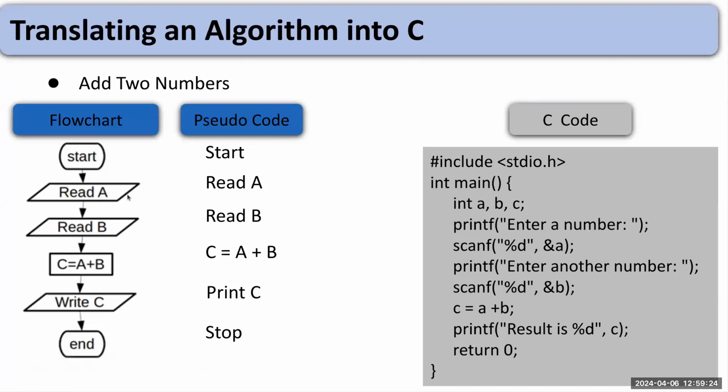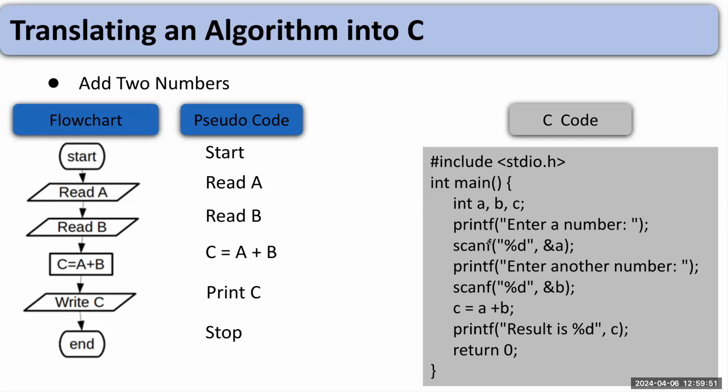Translating algorithm into C. This is the flowchart. This is the pseudocode. Please see the program. Start here. We can declare integers A, B, C. Print enter number.